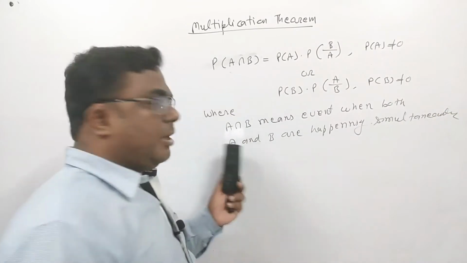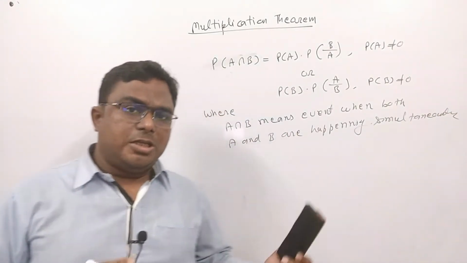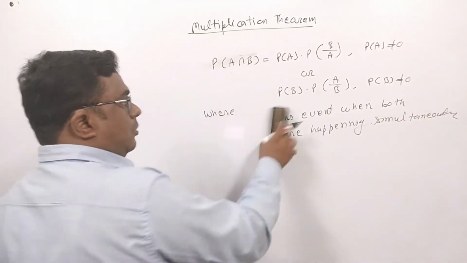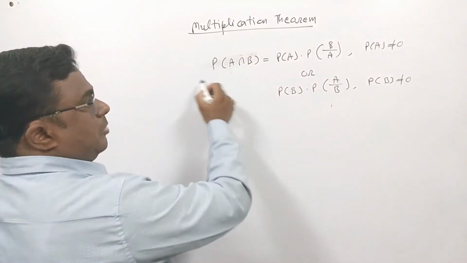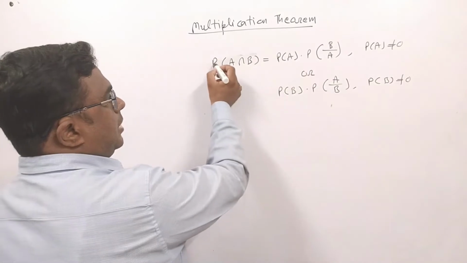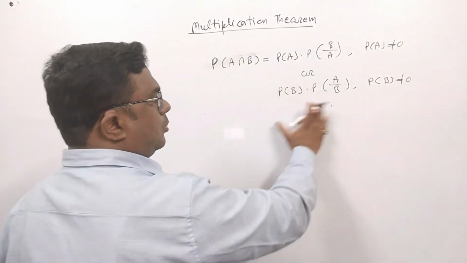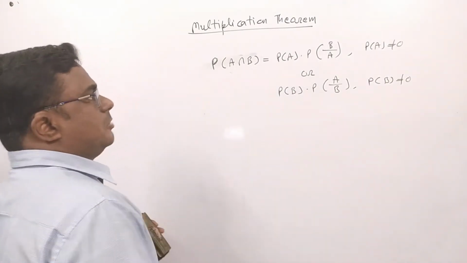Okay, so A intersection B represents an event when A and B happen together. And this theorem is known as multiplication theorem. You can break P(A intersection B) in this way also and in this way also. Both of them will give us the same result.